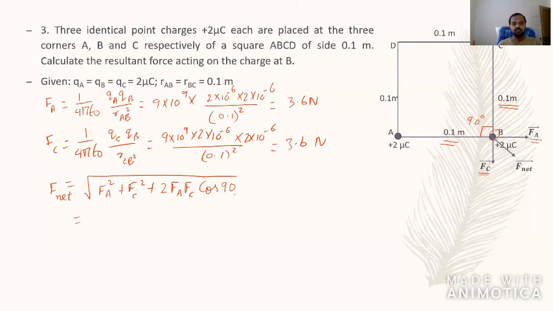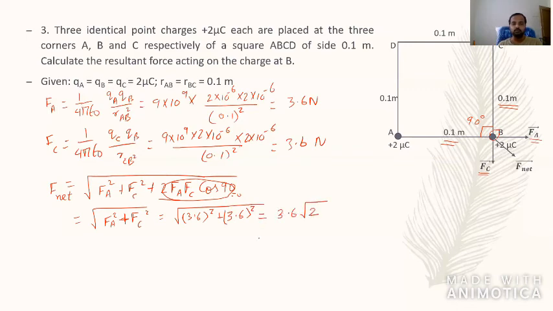Since this is cos 90, this entire term is going to be equal to 0. So we are left with only square root of Fa square plus Fc square. So this will be equal to square root of 3.6 square plus 3.6 square. So this will be nothing but 3.6 square root of 2.